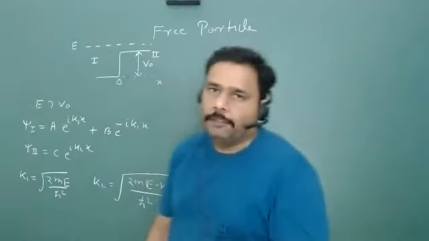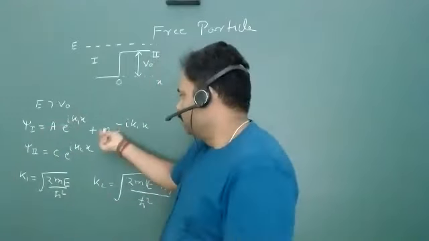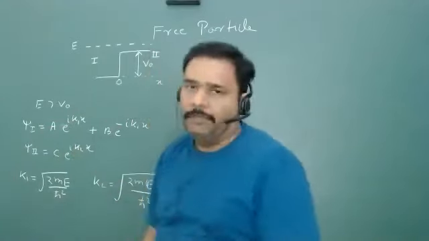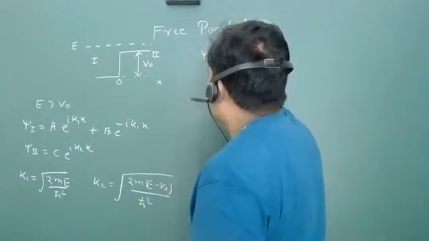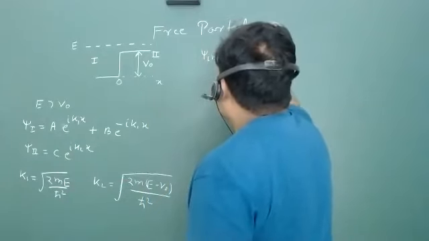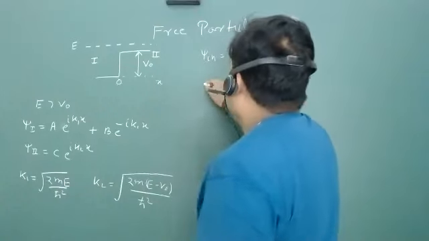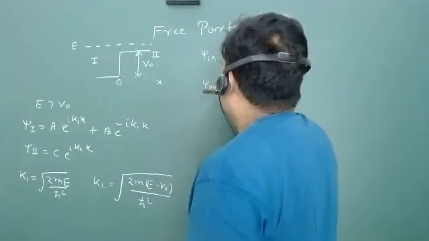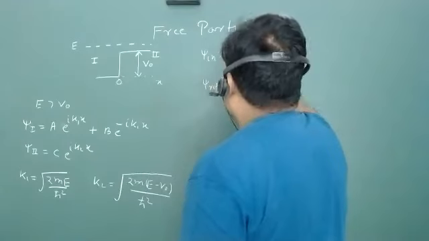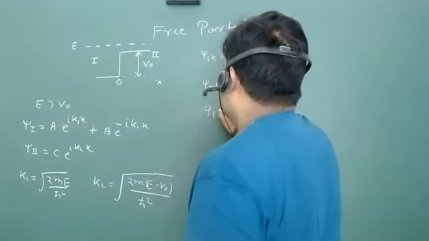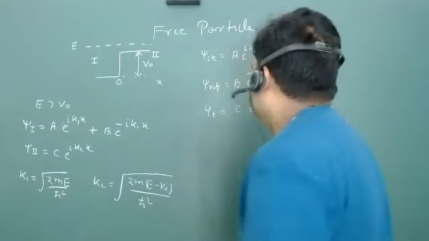We have also identified that this is the incident wave, this is the reflected wave, and this one is the transmitted wave. So I can identify psi incident is equal to A e to the power i k1 x, psi reflected is B e to the power minus i k1 x, and psi transmitted is equal to C e to the power i k2 x.